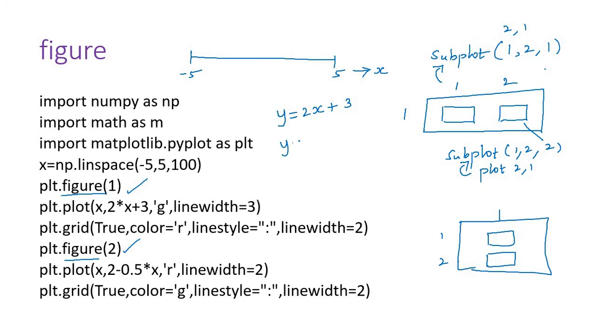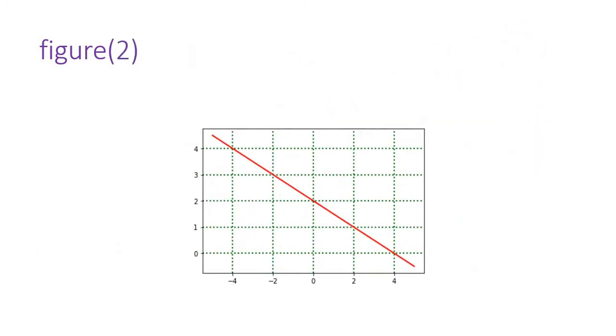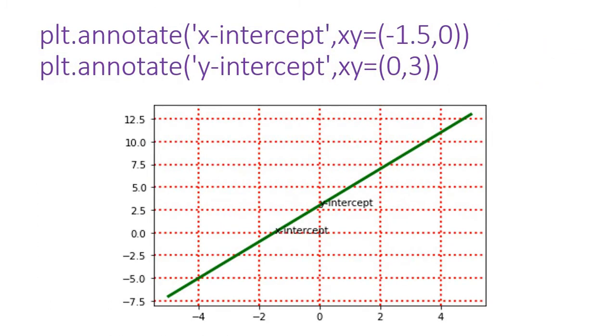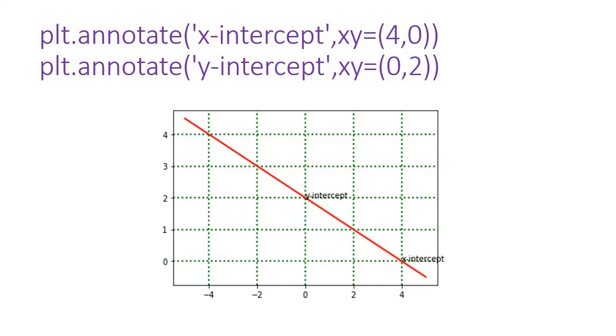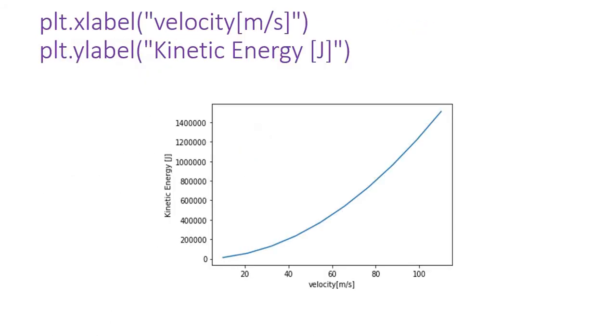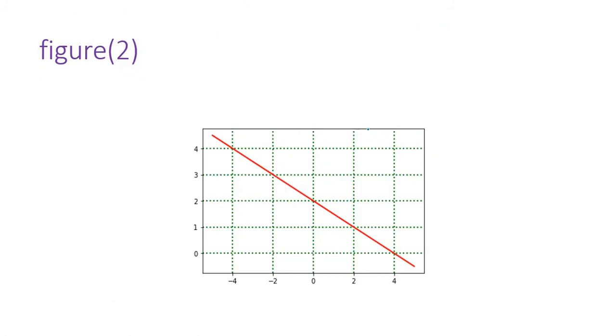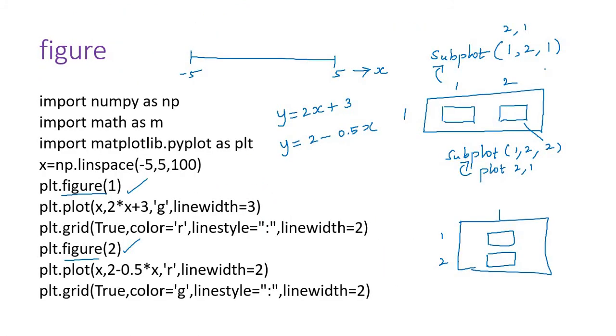Second one is Y is equal to 2 minus 0.5x. We need to plot these two things in separate figure windows, and we need to annotate with x-intercept and y-intercept. So let us practice this.